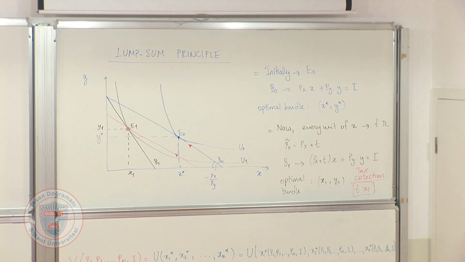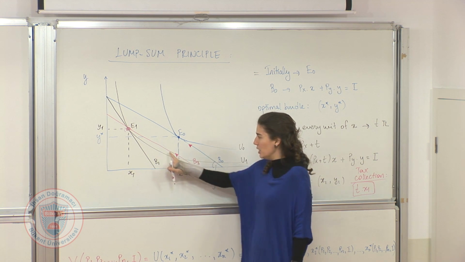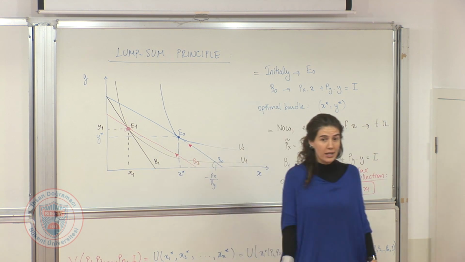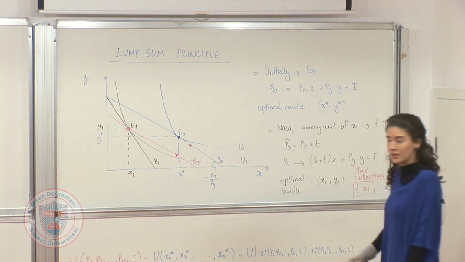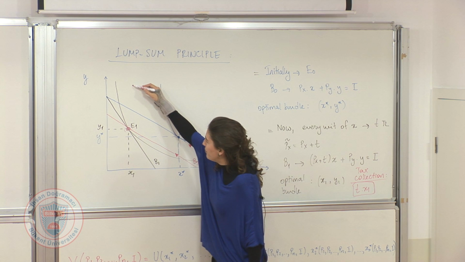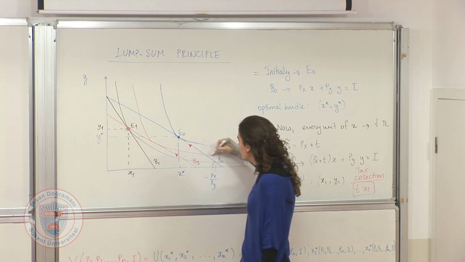So what do you see? Apparently if I tax your income, this is going to be B3, you would be on this budget line, right? You can be on this budget line. Do you think it's better or not? So the utility maximization point might be somewhere here, right?